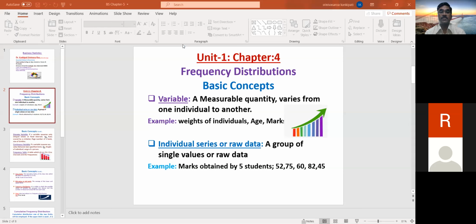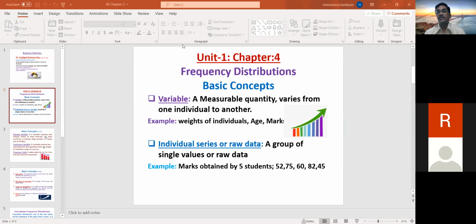Next point is individual series, or raw data. A group of single values is raw data. Individual series means, as I mentioned in the previous classes, only items or variables will be given, only one column of variables, a set of raw data.